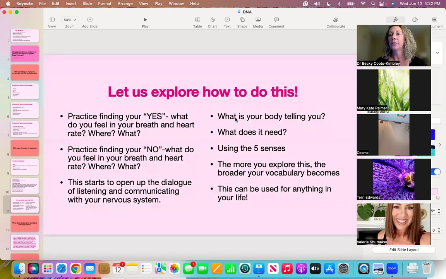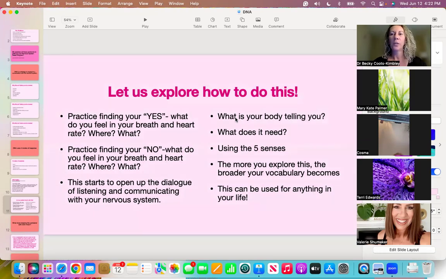Right now, you guys have just learned two indicators, your heart rate and your breathing. Tap into that and notice when you're in specific situations, like notice how you feel when you're at work versus when you're at home. Notice how you feel when you're with certain people, when you're not with those people.